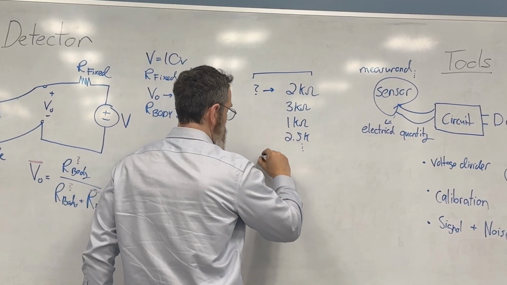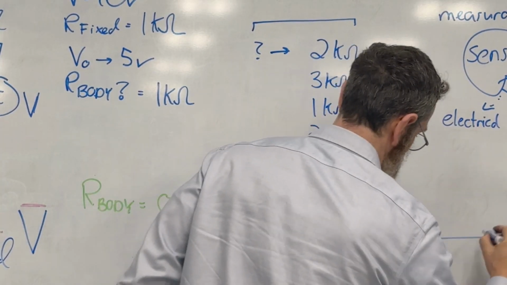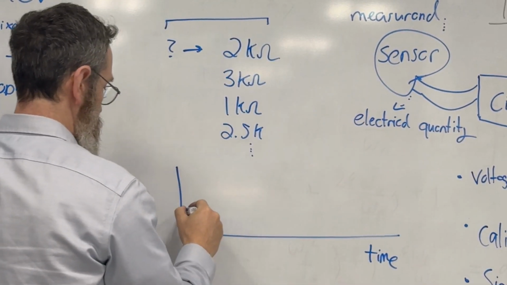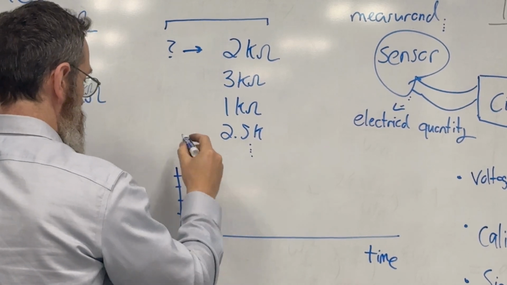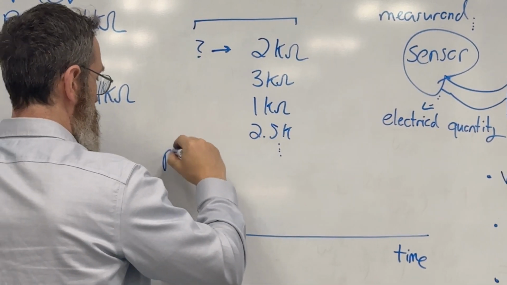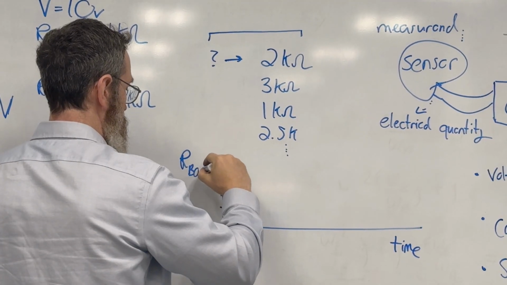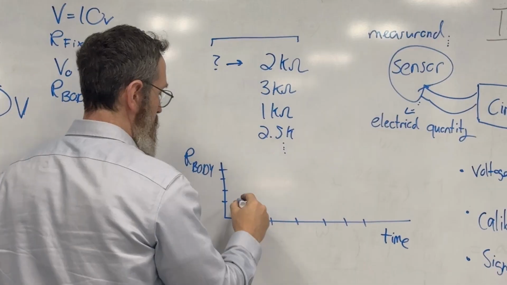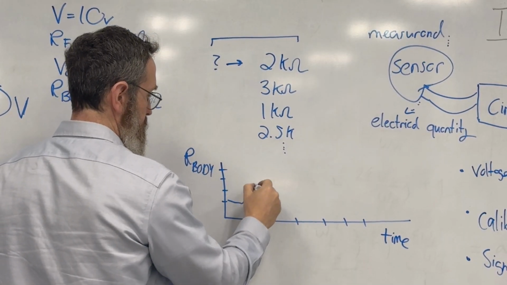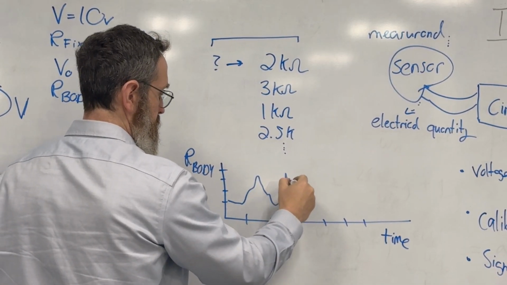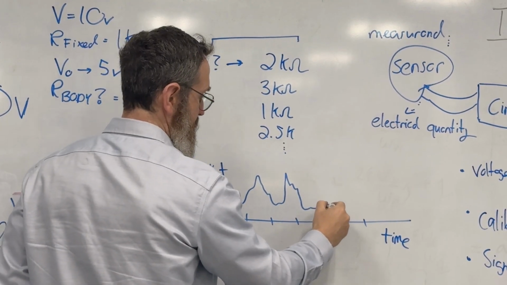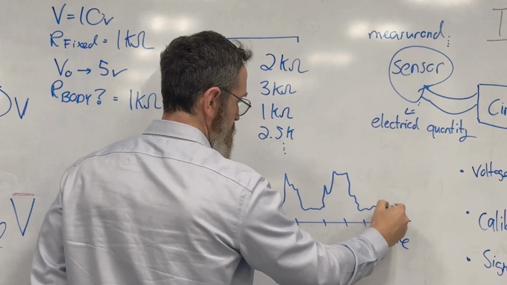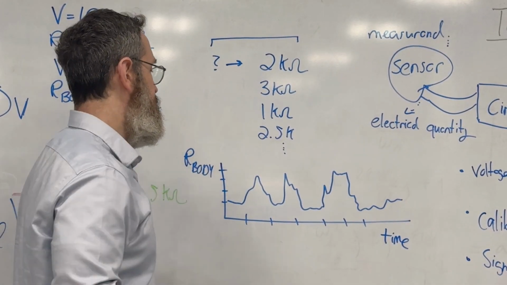If you were to plot this over time, where let's say this is the R body, or what you think is the R body, maybe you start seeing, and again, this is without asking any questions, right?